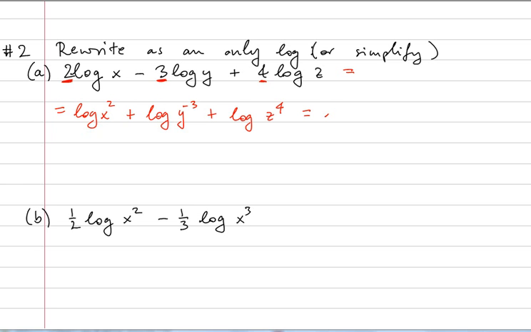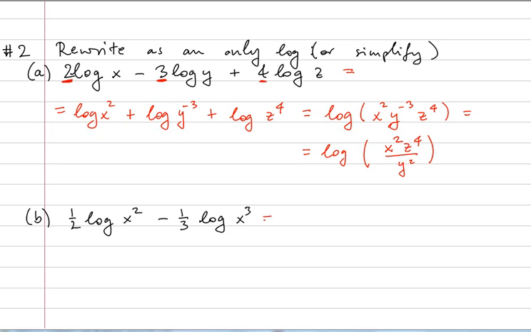So this is going to be just a log of x squared, y to the negative 3, z to the 4. Well, the only other thing I can do is rewrite this y to the negative 3 in the denominator. So this is going to be x squared z to the 4 over y cubed.